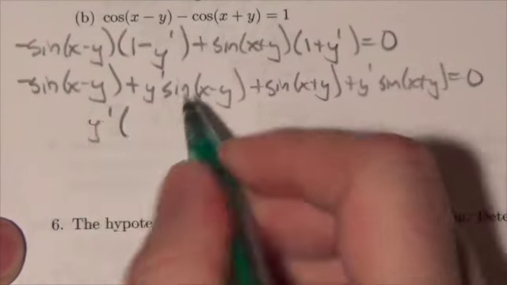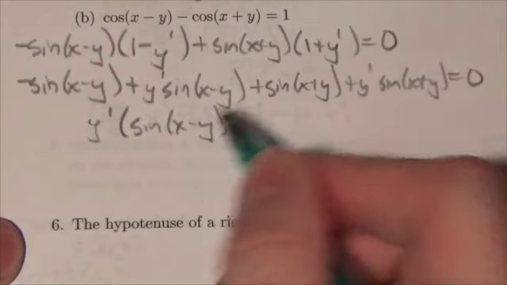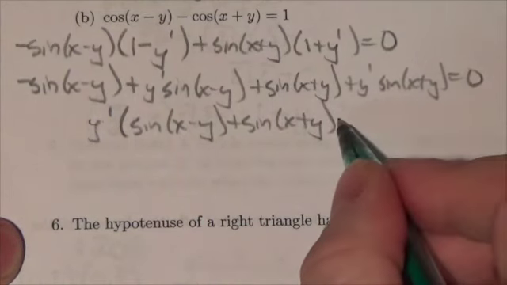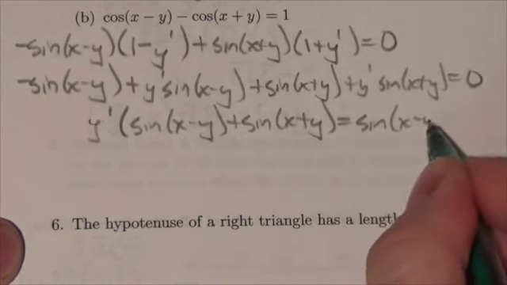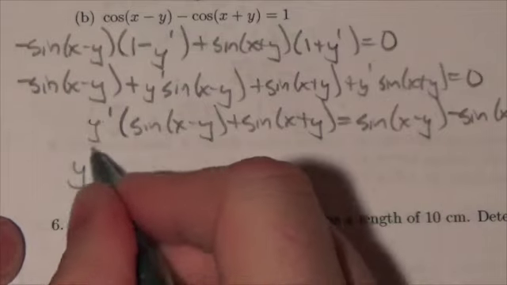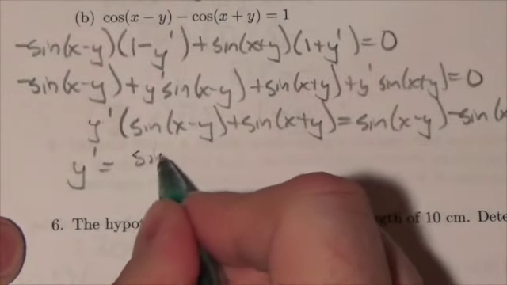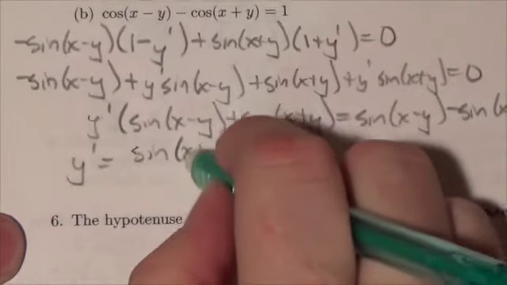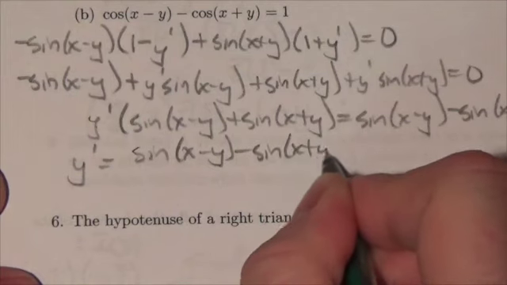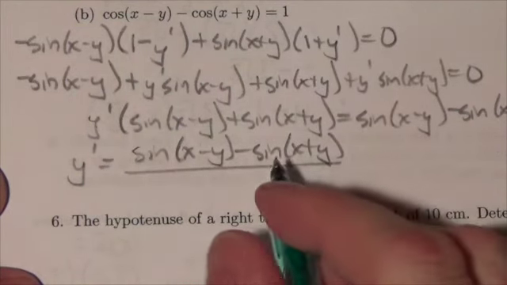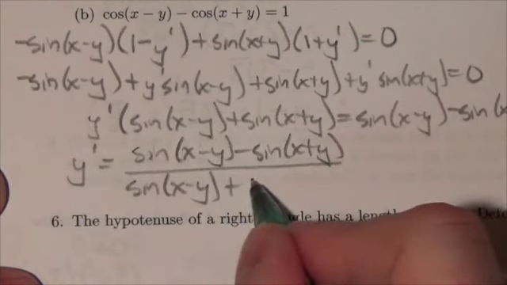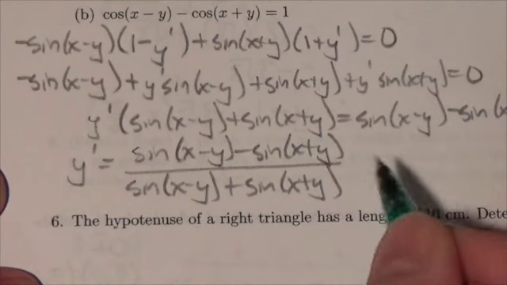So y primed times the sine of x minus y plus the sine of x plus y is going to equal sine of x minus y minus the sine of x plus y, and then I'll divide and I'll get y primed is equal to sine of x minus y minus the sine of x plus y, all over the sine of x minus y plus the sine of x plus y.